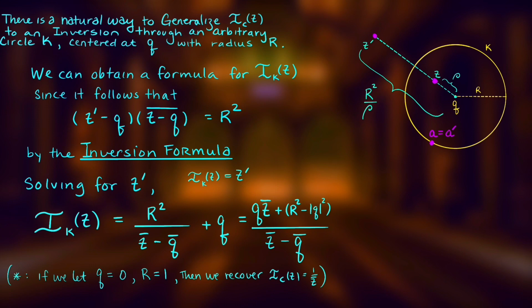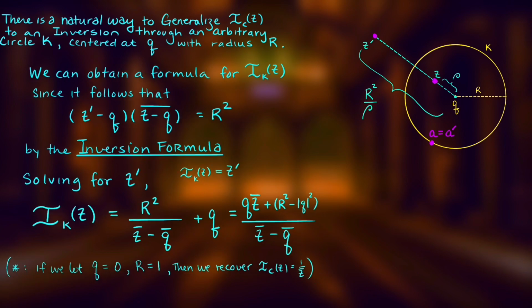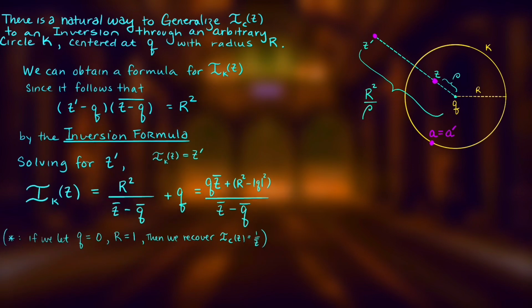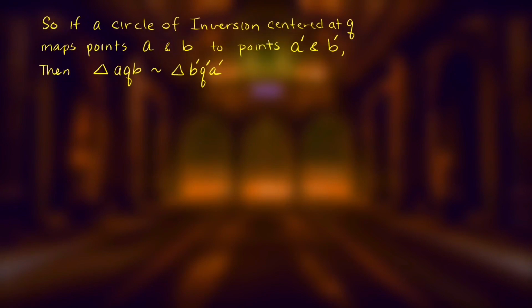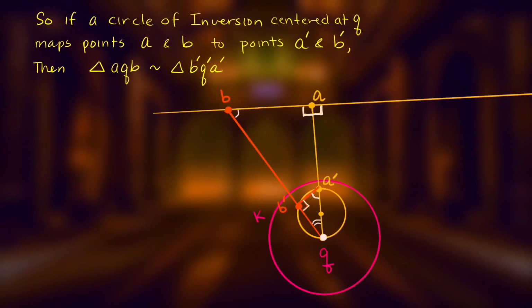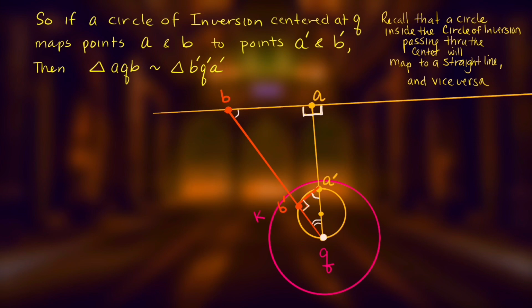One notices that if we apply a complex conjugation to the inversion, thus giving us a complex inversion, we get our orientation to be restored. Conjugation is a reflection, so an inversion plus a conjugation is like a double reflection, giving us the identity. So here we create a series of similar triangles, AQB and B'Q'A'. And what we're doing here is we're recalling that a circle inside the one of inversion passing through the center will map to a straight line.